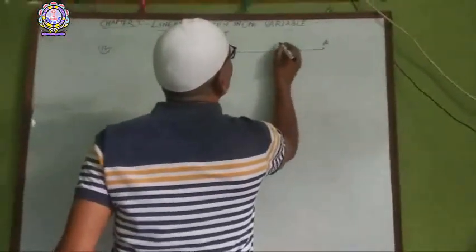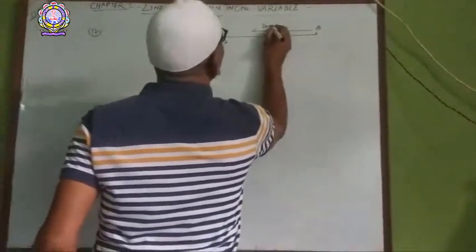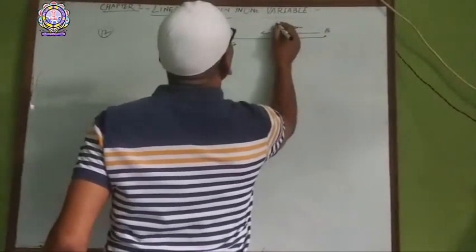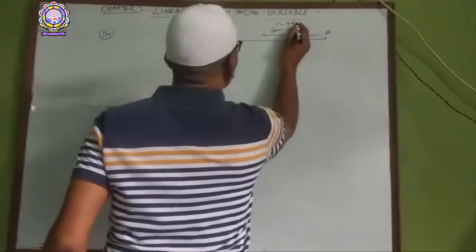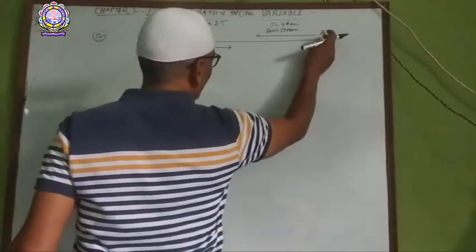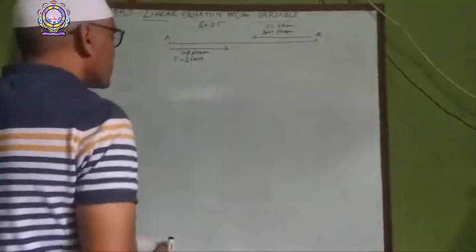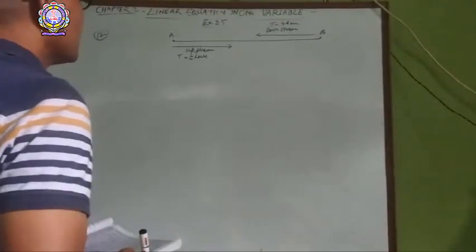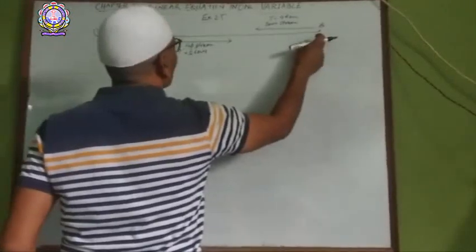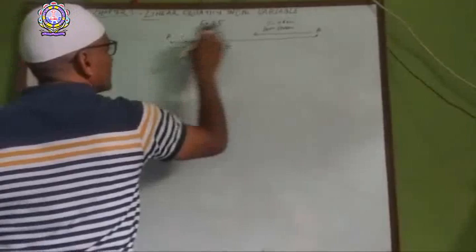And the steamer goes downstream and takes 4 hours, and this steamer goes from B to A. This is the condition. Here you can see the distance covered by the steamer in both is the same.